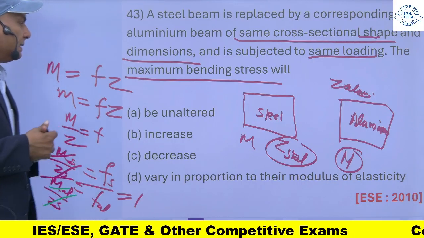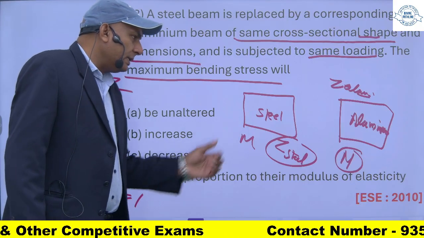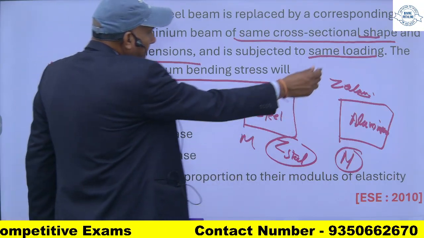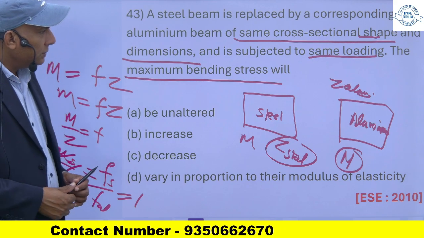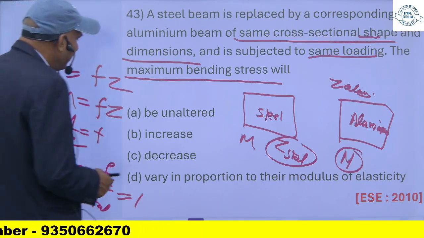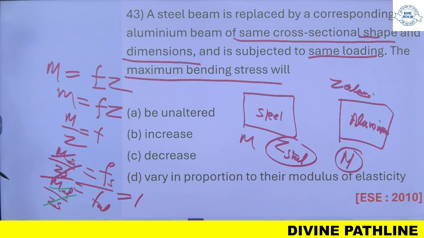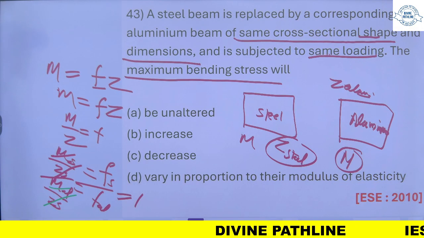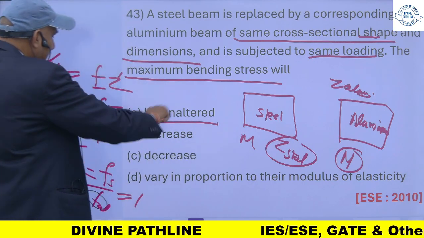So the bending stresses will be unaltered, as the bending stress is inversely proportional to section modulus and directly proportional to the moment. Both are the same, so it will be unaltered.